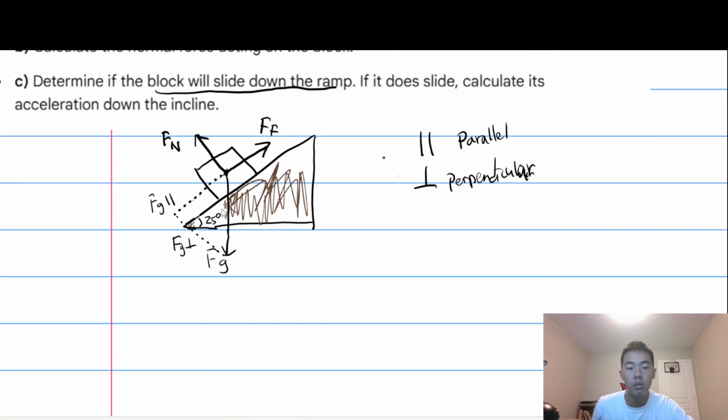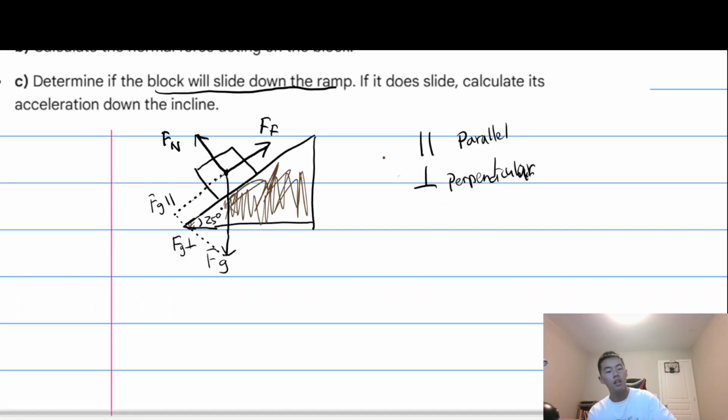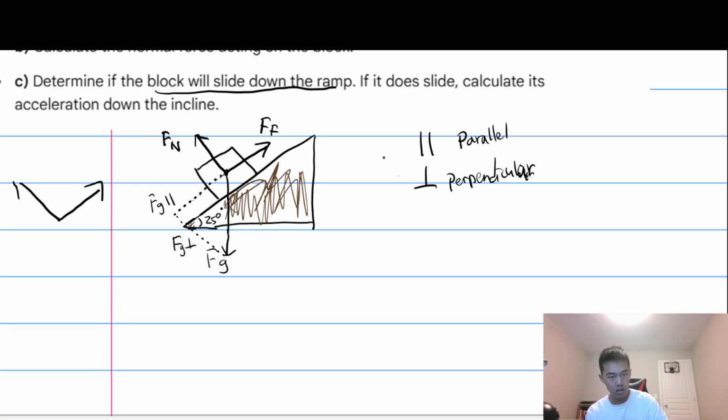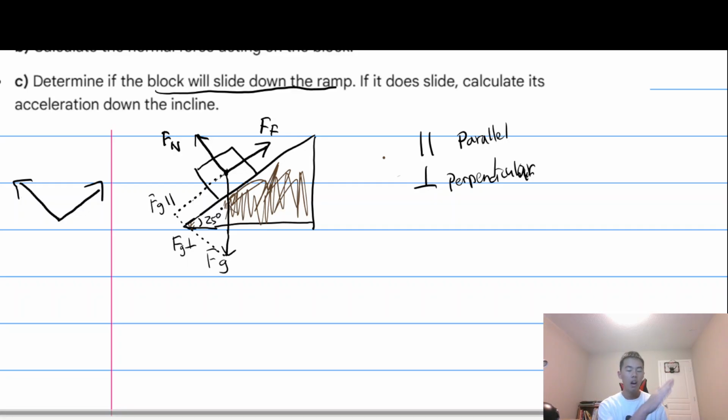And now what we have to do is draw Rosetta. Because we're looking at this on a ramp, we would draw Rosetta sideways, like this, with more straight lines. If this block was going upwards, away from the ramp, I would say that's positive.